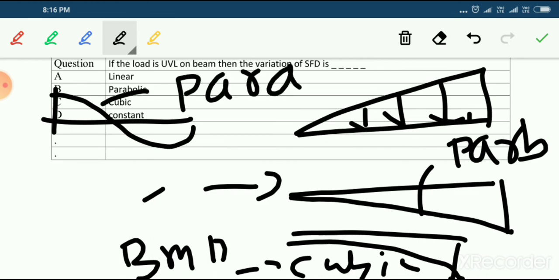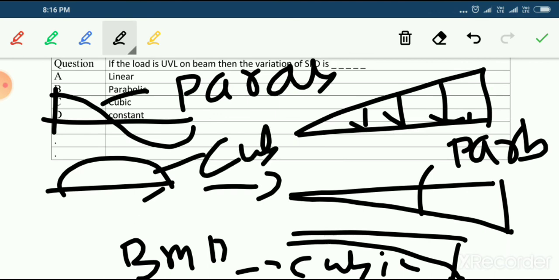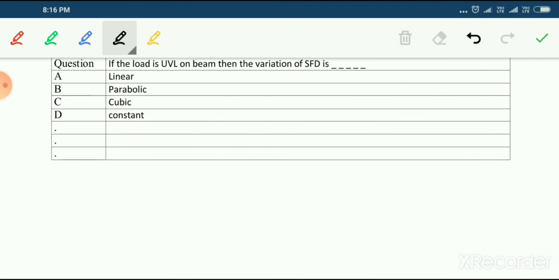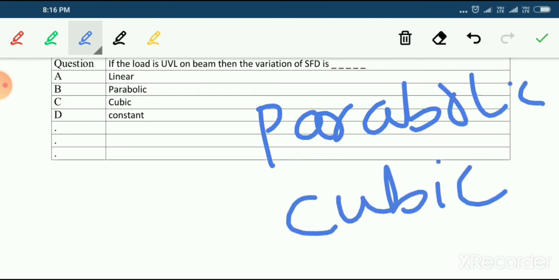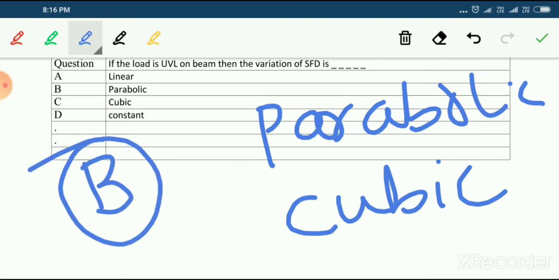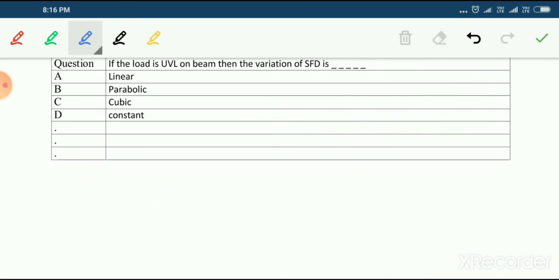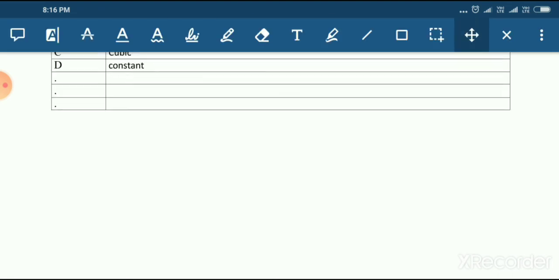SFD will be parabolic and BMD will be cubic. For uniformly varying load, you have to remember, in SFD it will be parabolic, and in BMD it will be cubic parabolic. So here, if the load is UVL on the beam, then the variation of SFD, what will it be? Definitely B is the correct answer. That is parabolic. Okay, we'll move to the next question.